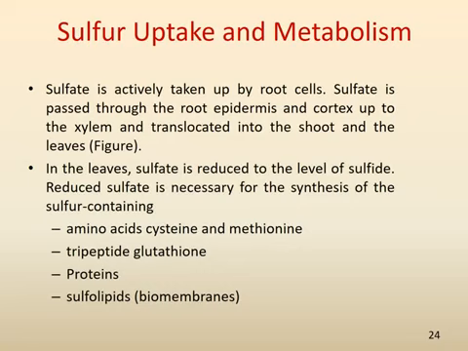The activated sulfate is reduced to the level of sulfide. Reduced sulfur is necessary for the synthesis of the sulfur-containing amino acids like cysteine and methionine, the important biological tripeptide glutathione, and finally of proteins. It is also necessary for the biosynthesis of sulfolipids, which are important components of biomembranes.